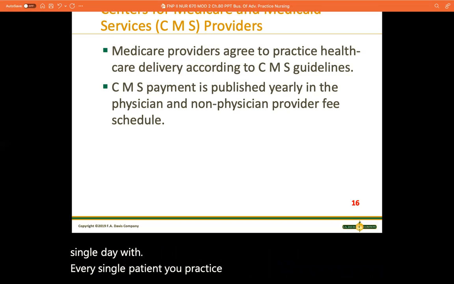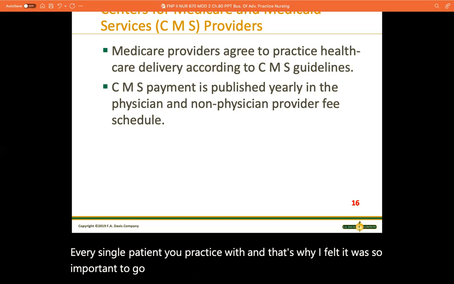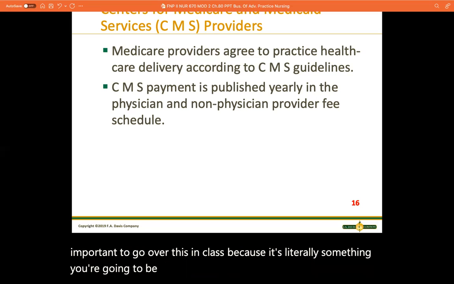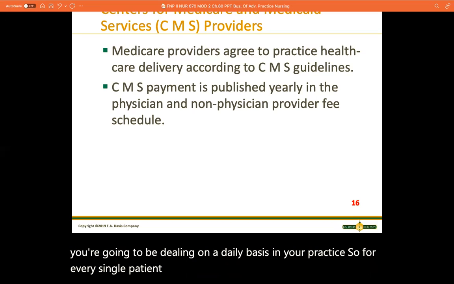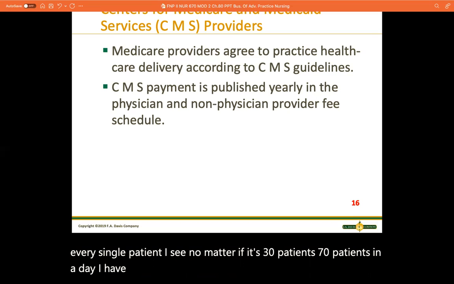And that's why I felt it was so important to go over this in class, because it's literally something you're going to be dealing with on a daily basis in your practice. So for every single patient I see, no matter if it's 30 patients, 70 patients in a day, I have to make sure I code and bill appropriately, okay? Because otherwise we don't get paid, and that's a problem.